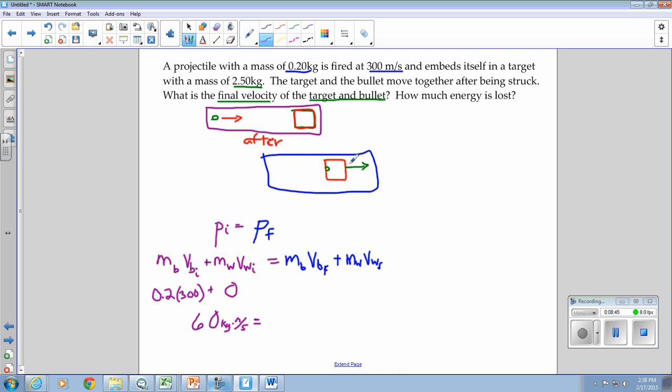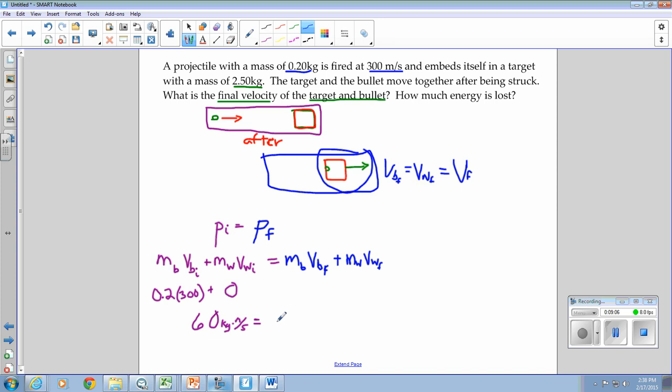Well, because it's a combined situation, the velocity of the bullet final will equal the velocity of the wood final. So let's just call them the same term, VF.